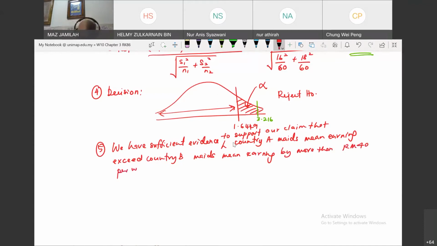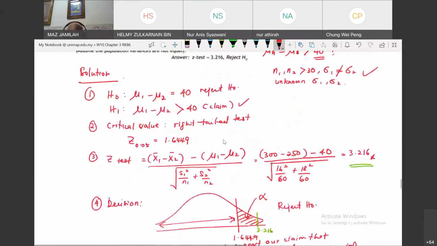So that would be your conclusion for this particular hypothesis testing.